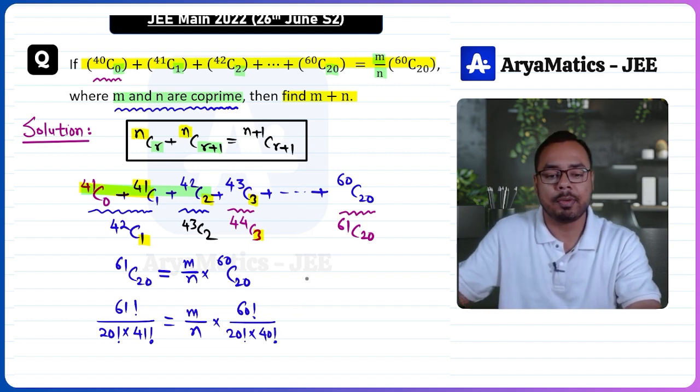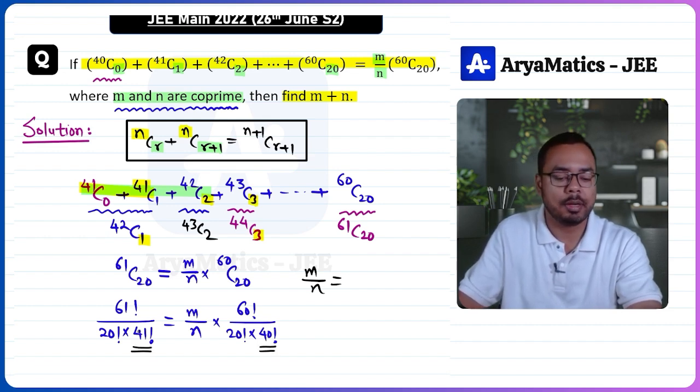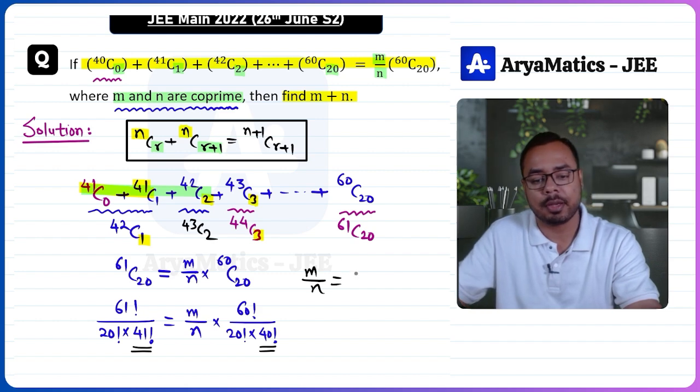So from here you can clearly see that m by n will become, 20 factorial cancels, you can cancel 41 and 40. You will get 41 factorial in the denominator, and 41 factorial you can write as 41 into 40 factorial. Similarly, 60 and 61, so you will get 61 there. That means m by n is 61 divided by 41.